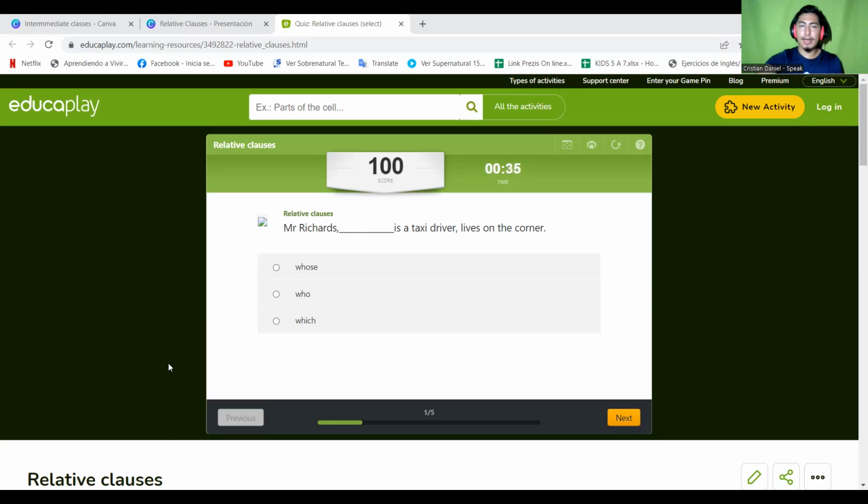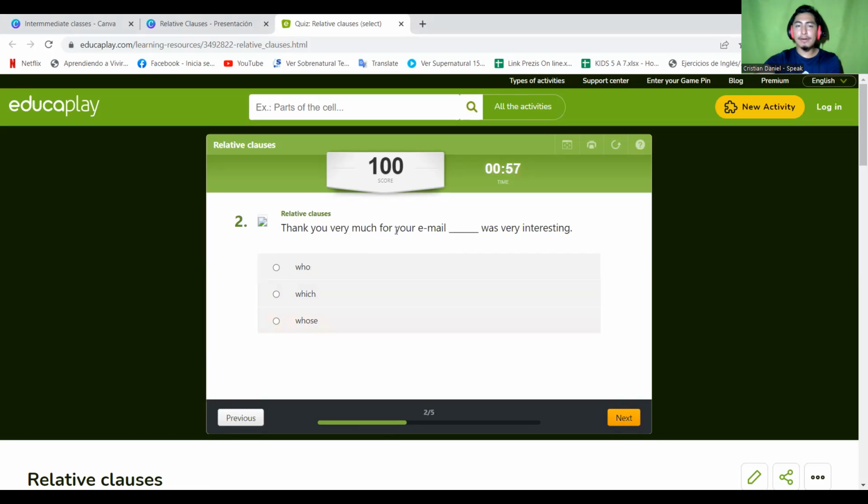Okay, since we are talking about Mr. Richards, we are talking about people. This is not a possession, it's a profession. We use who.